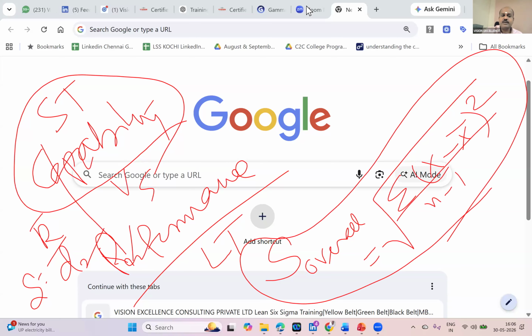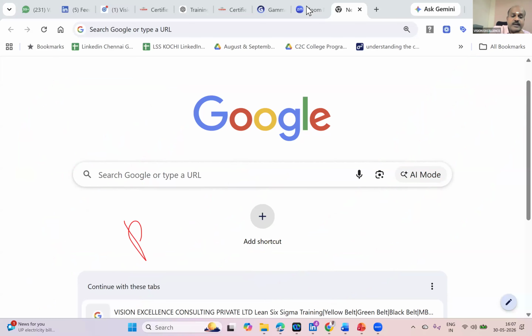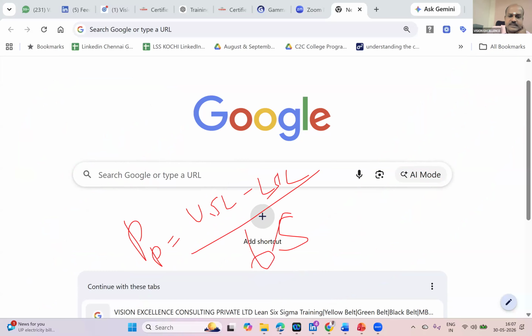Now, instead of using the within, if you use overall, then your formulas will deliver the values for PP and PPK. Do you understand my language, all of you? That means the formula for PP is USL minus LSL divided by 6 times S, but the S must be what?